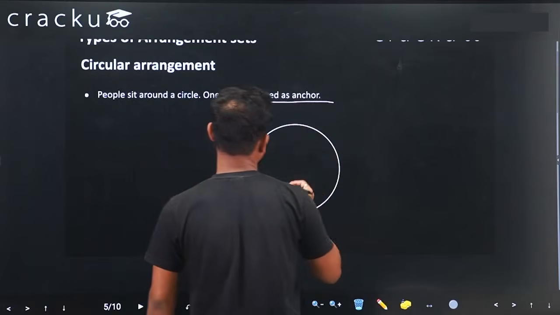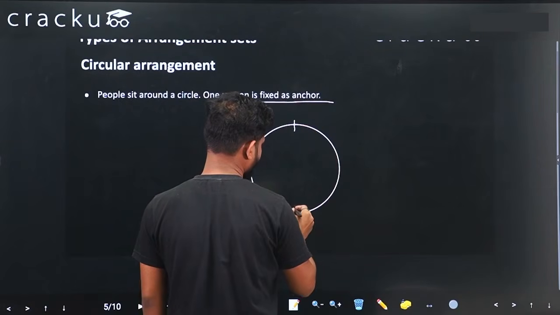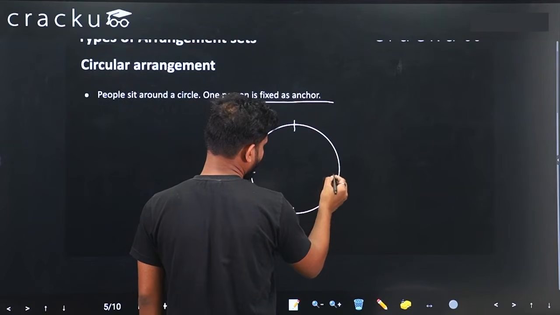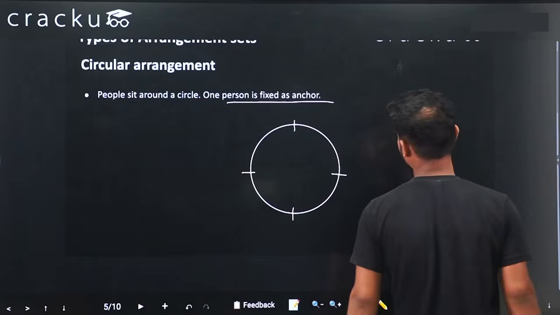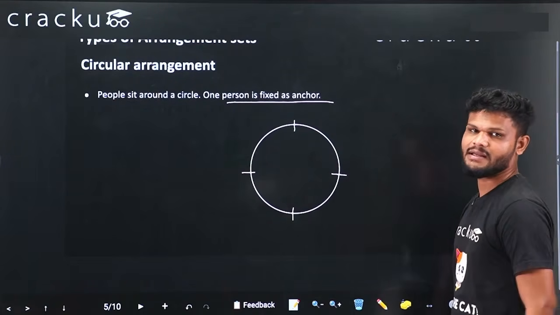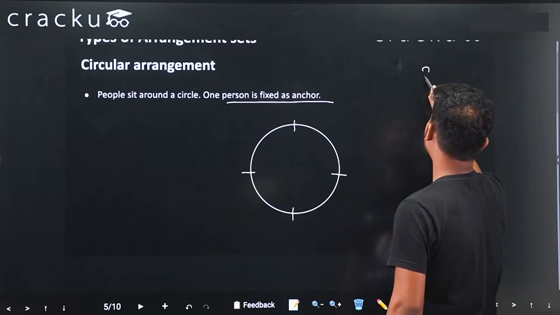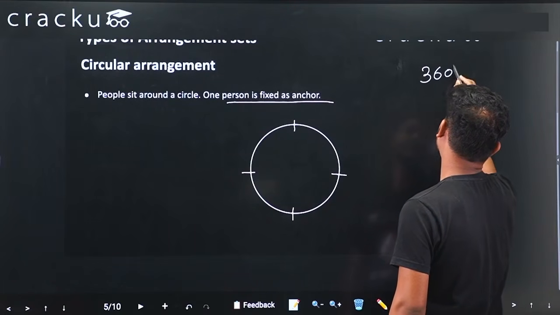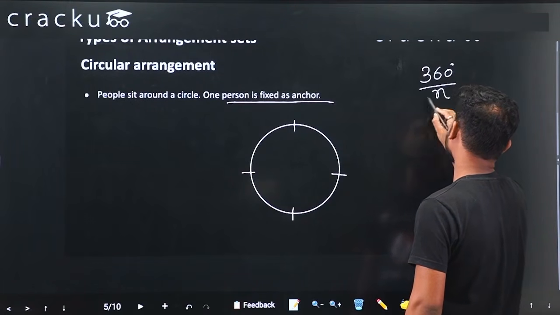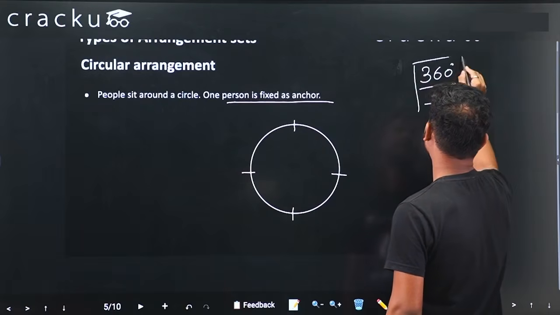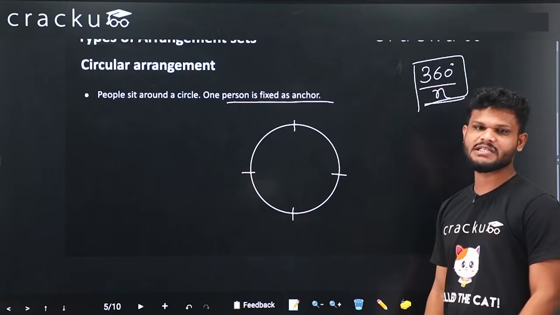So let us say there are 4 seats. Whenever you are given n number of seats, you have to draw them symmetrically. How would you draw? You have a 360-degree total circle and n seats. So this will be the degree at which every person will be sitting.